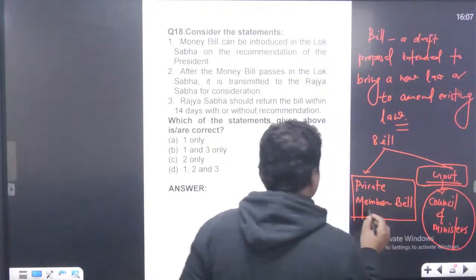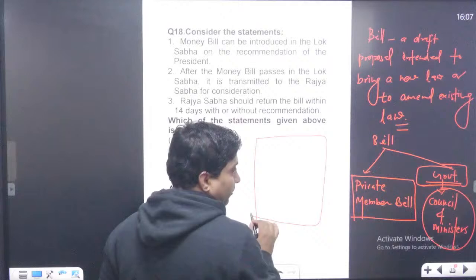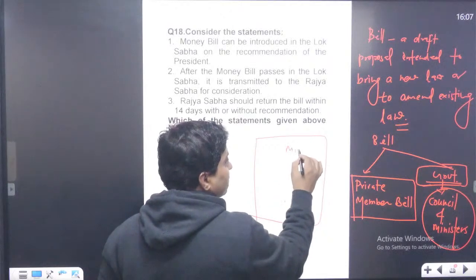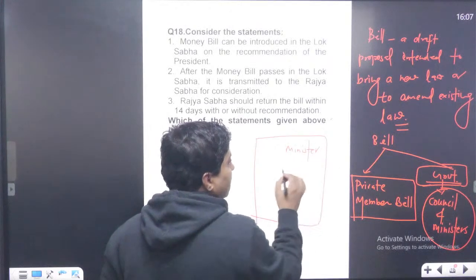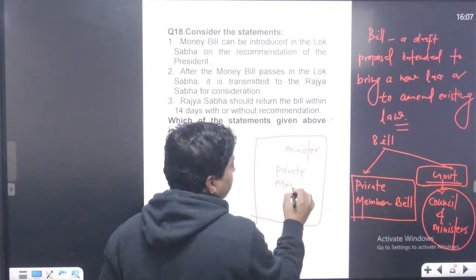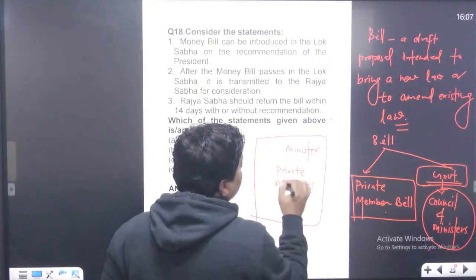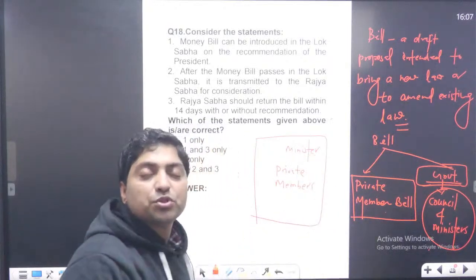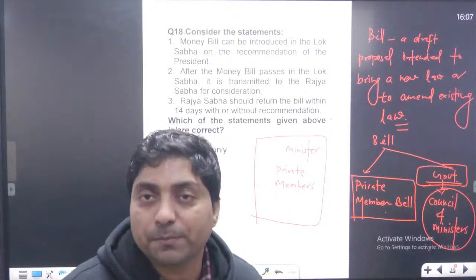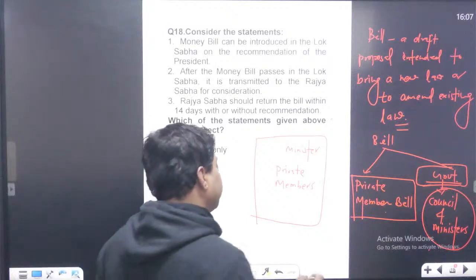So in Parliament, there are two types of members. One is called a minister and the other is called a private member. Any member of the house who is not part of the Council of Ministers, who is not a minister, can be called a private member.